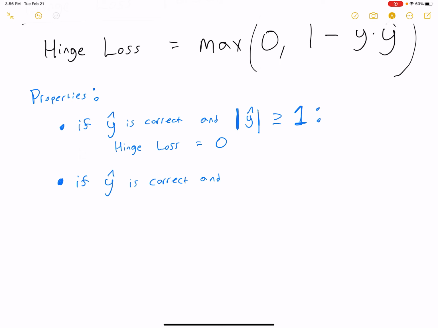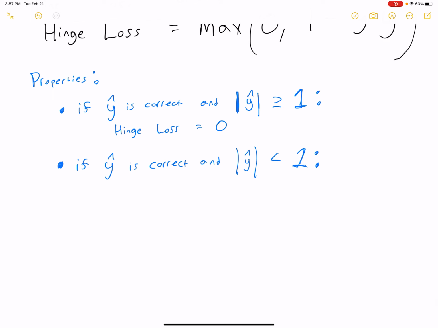but the absolute value of y hat is less than 1, so that means we're technically on the right side, when I say right, I mean correct side of the margin, but we're kind of before we get to the support vectors. So in between the margin and the support vector, so not so great, not super confident. Then the hinge loss is between 0 and 1.